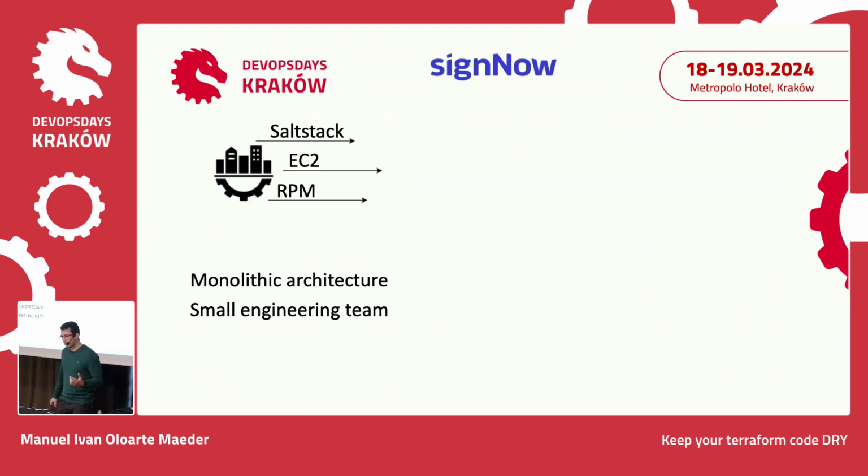Now, SignNow, around 7 years ago, was using a monolithic architecture, so the old school style. Our core was launching and configuring EC2 instances with the help of SaltStack. For those who don't know what SaltStack is, it's something similar to Ansible, Chef, or Puppet.